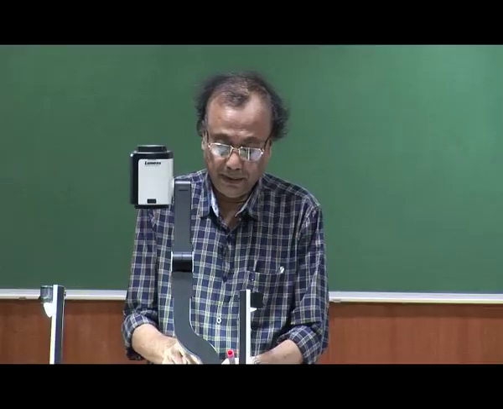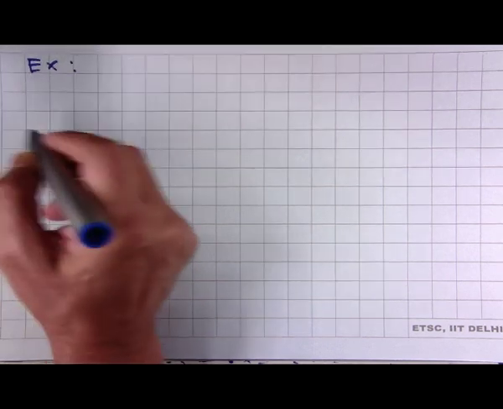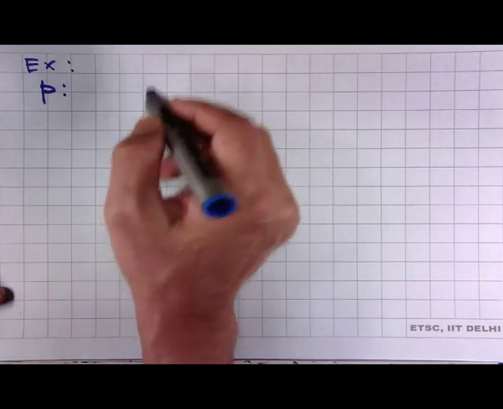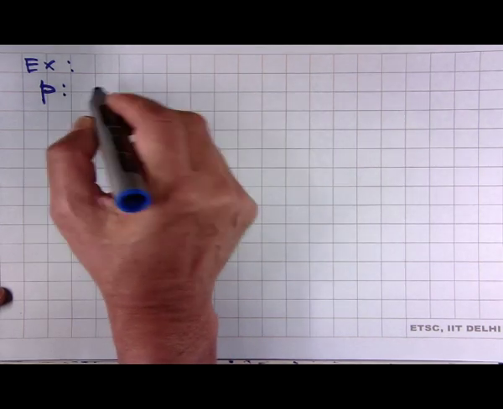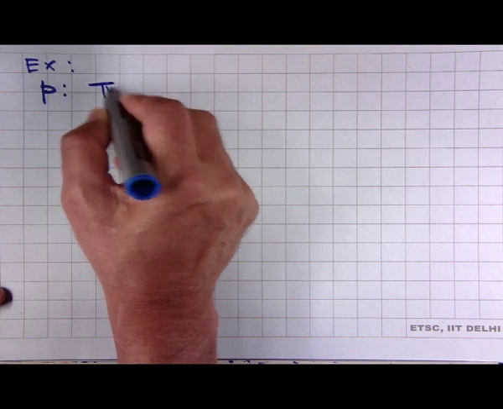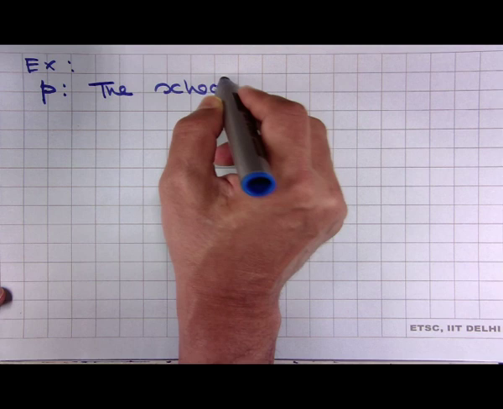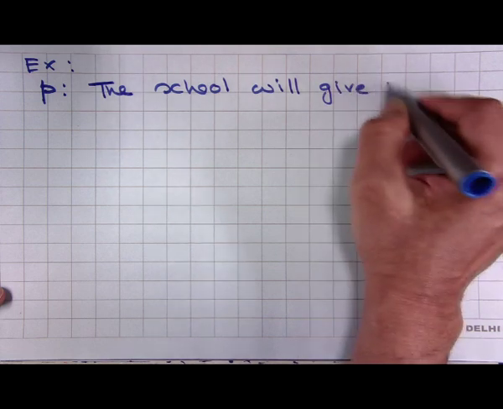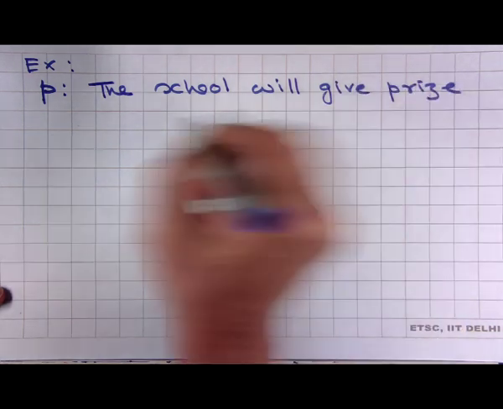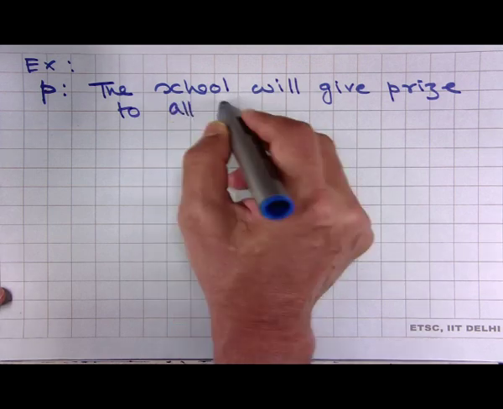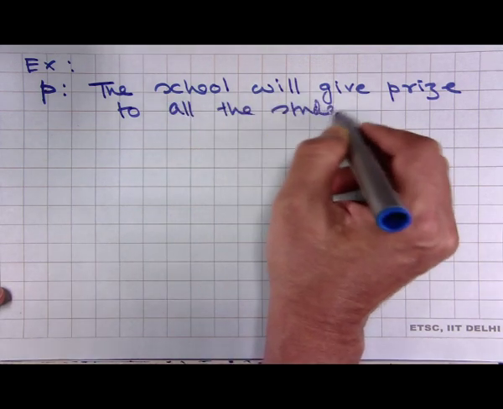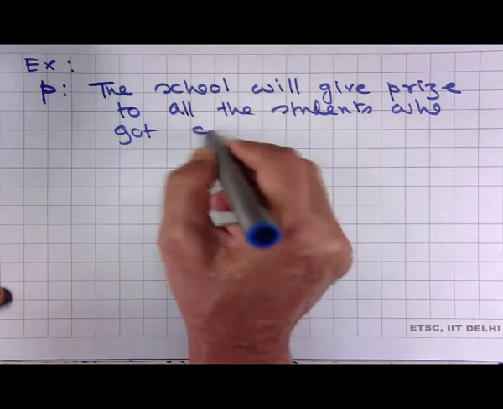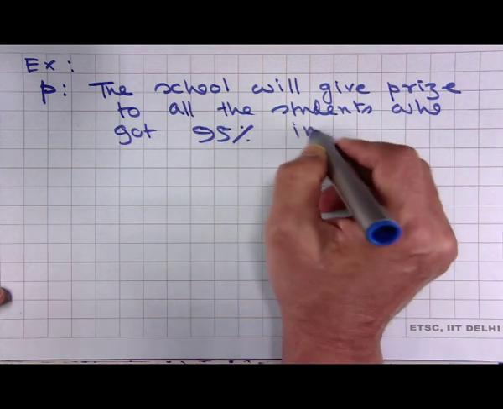So I give you an example. Consider the sentence, P: the school will give prize to all the students who got 95% in mathematics.